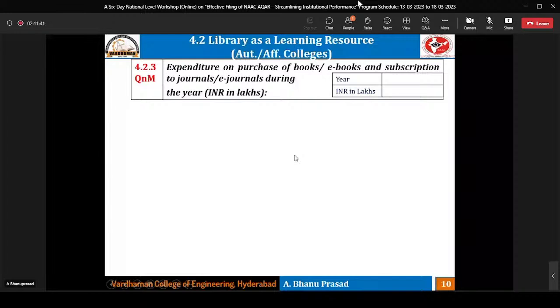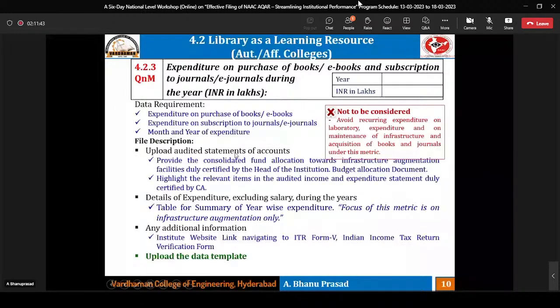Here also, expenditure on purchase of books and e-books, expenditure on subscription of journals and e-journals, and the month and year of expenditure can be given, and the consolidated fund allocation towards the infrastructure can be uploaded. It's been duplicated. Okay, so the audited information can be given here.